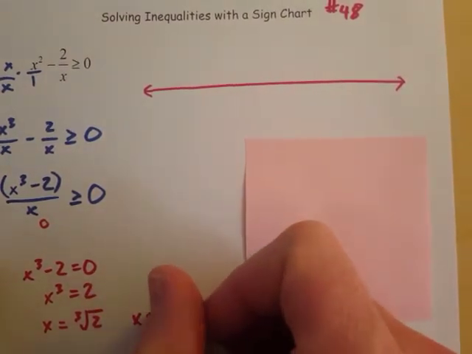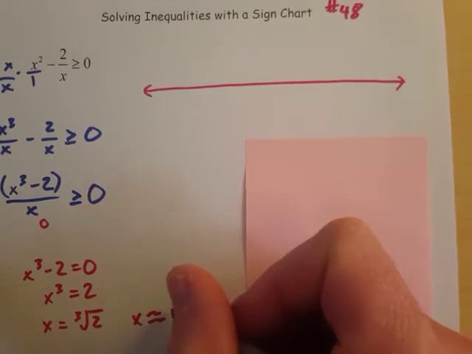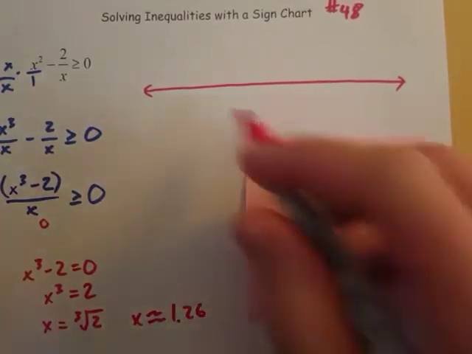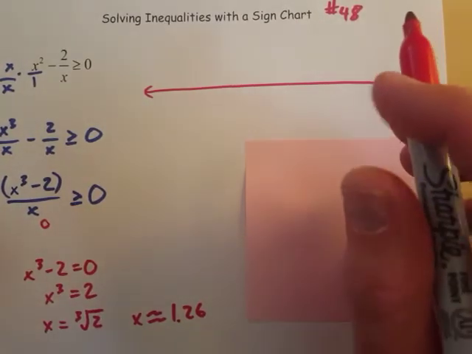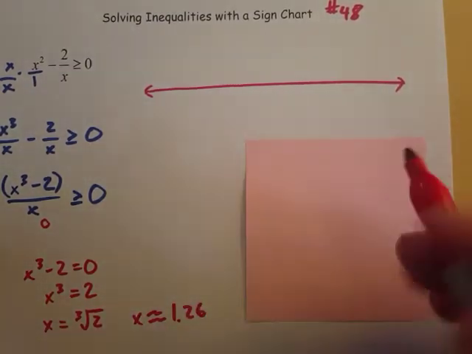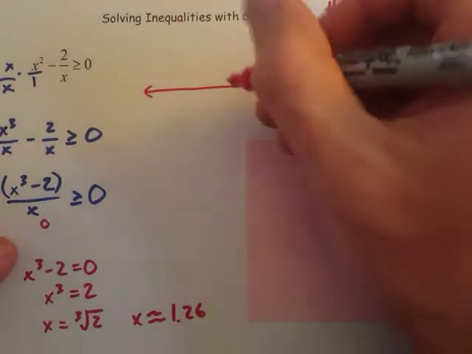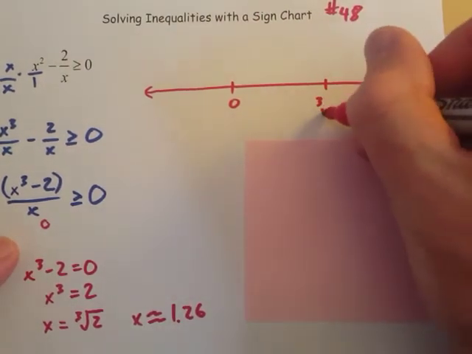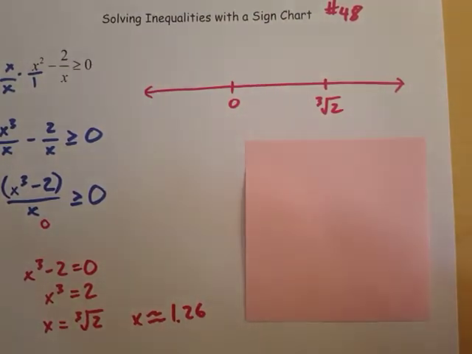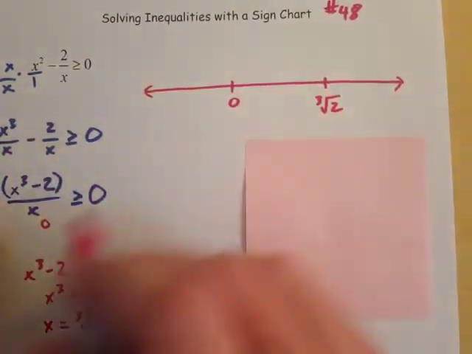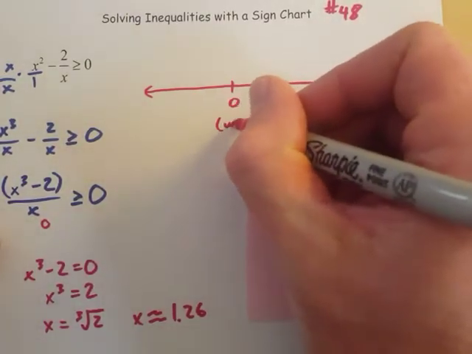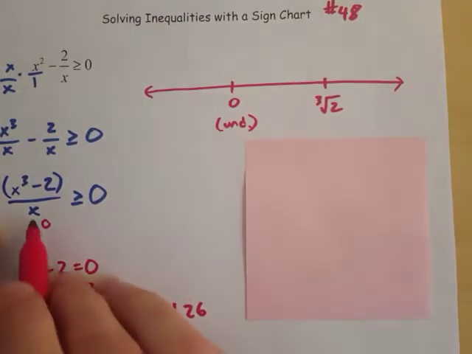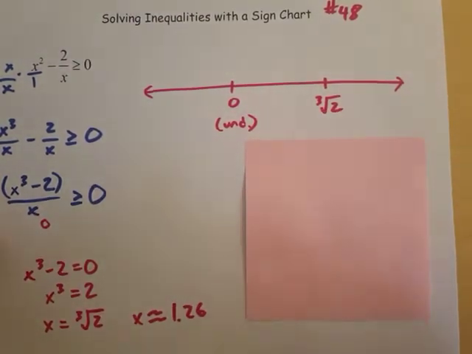So x is approximately 1.26, but we'll just use the value on the number line as cube root of 2 just to keep it exact. So we're going to label these on here. We've got 0 and we've got cube root of 2. The 0 is actually an undefined value because, again, it was on the bottom. This one is a 0.